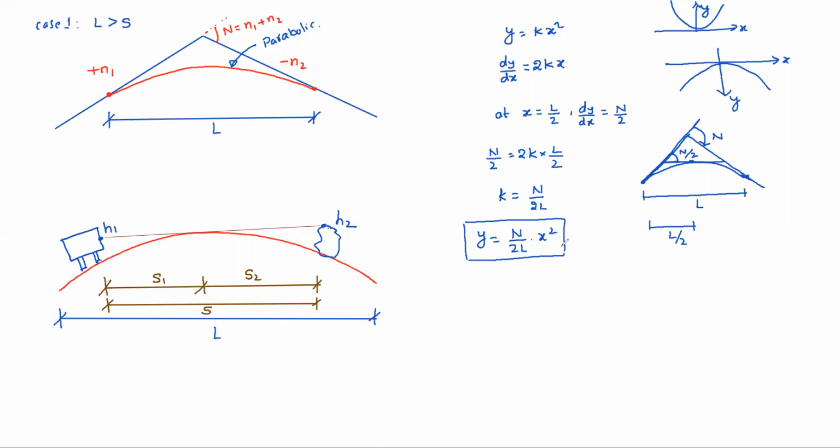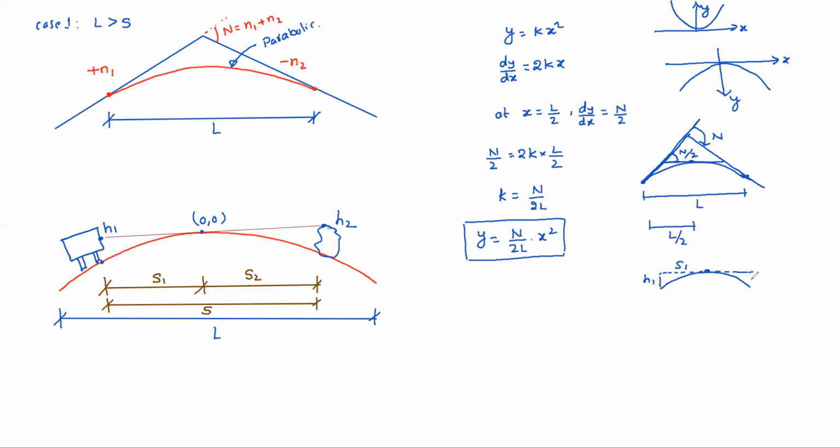Okay. So using this parabola, see, assuming this has origin 0, 0. This side S1, that side S2, right? From origin. So this point, I will mark. Suppose this is origin. This is S1, this is H1.